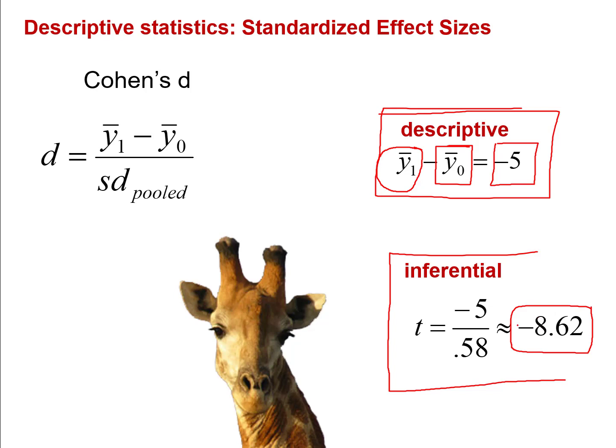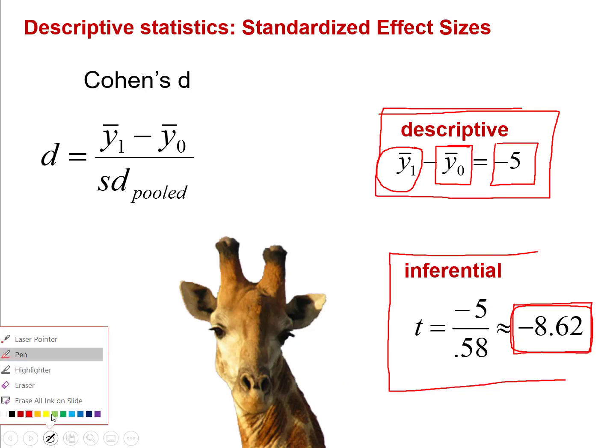I mentioned that in that study a t-value of 8.62 would have a very small probability. It would be much less than 0.05, much less than 5%. And so we would reject the null hypothesis and claim to have detected a non-zero effect in the study.